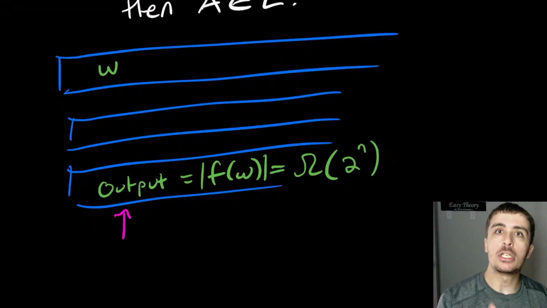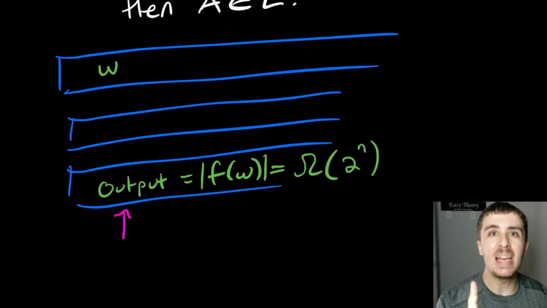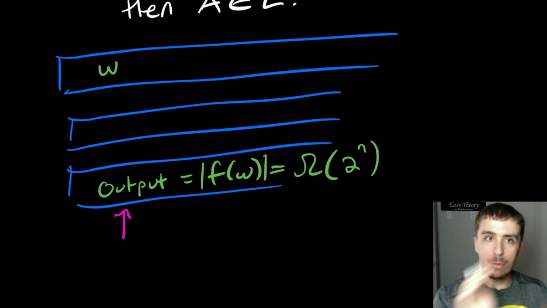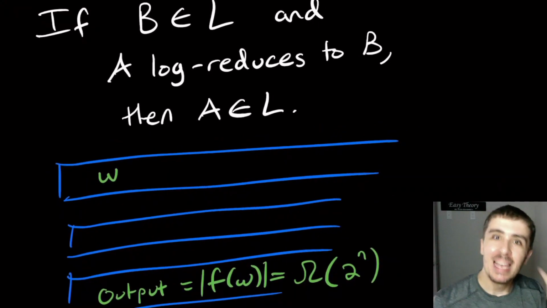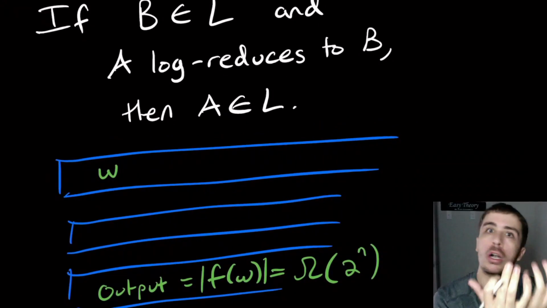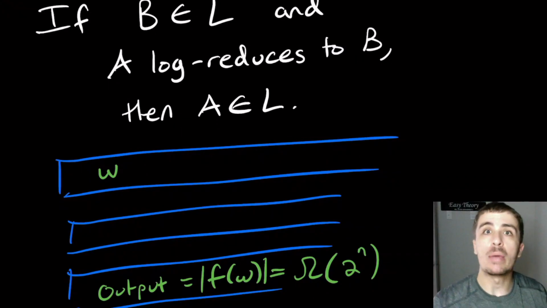So the B machine only has access to one bit every single time, and we keep track of where the B machine is, but by assumption, the B machine runs in log space. And so therefore, those two are just adding on to each other, and we have a total, maybe a big constant times log n in total for A.